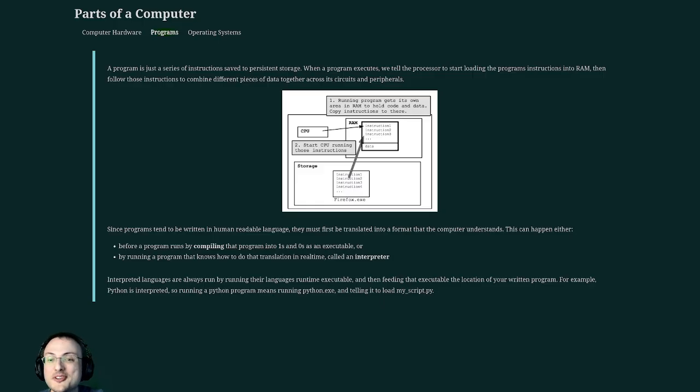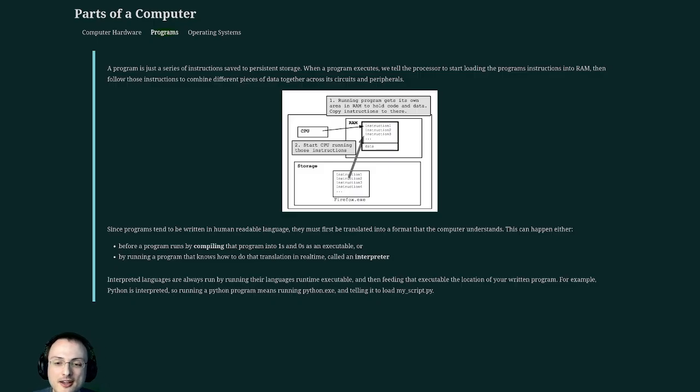When you double click the program or tell it to run on the command line, your operating system says, okay, let me take these instructions and pull them all up into the stick of RAM. Because I'm going to be using them, let me load this into the computer's running memory so that it's quick to access, so there's not a big delay as I use the program.